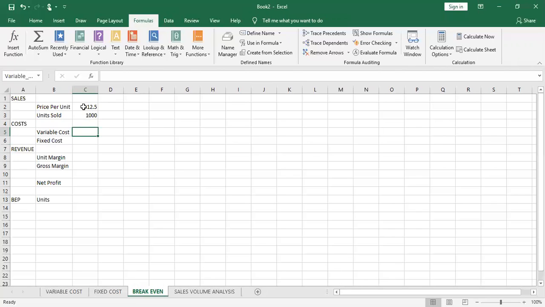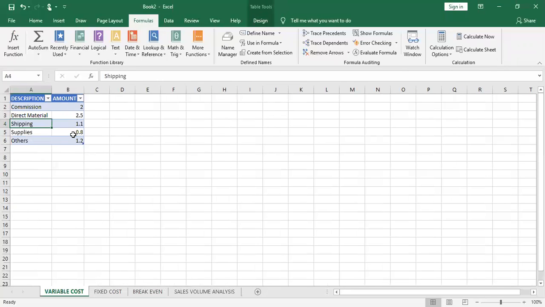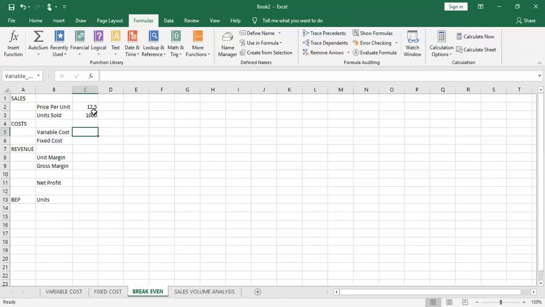What will be the total variable cost? Total variable cost will be the sum of the variable cost elements in the table, which gives us the variable cost per unit, multiplied by the unit sold of 1,000. So to arrive at this, we use the SUM function to sum up the values from the variable table.